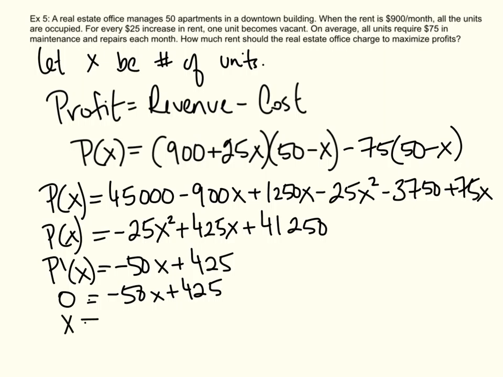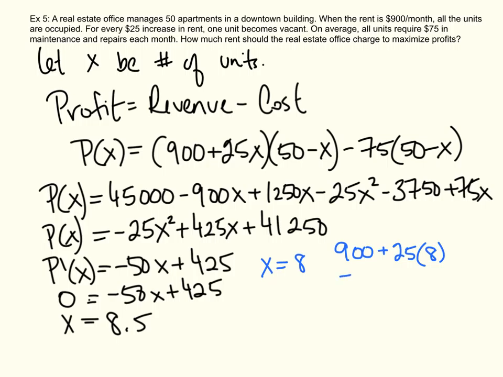And I'm just going to skip a couple of steps here. x is going to be equal to 8.5. So looking at this on a practical level, we can't have 8.5 units, so we need to either round it up or down. So we have two choices here. x can equal 8, in which case we will have 900 plus 25 times 8.